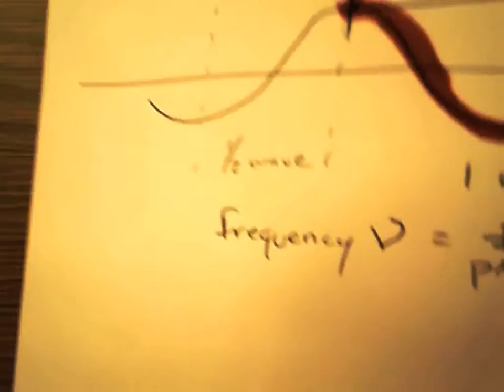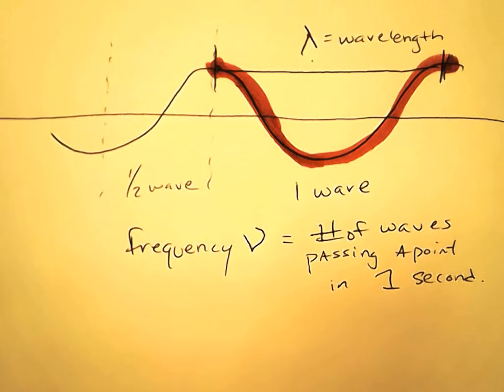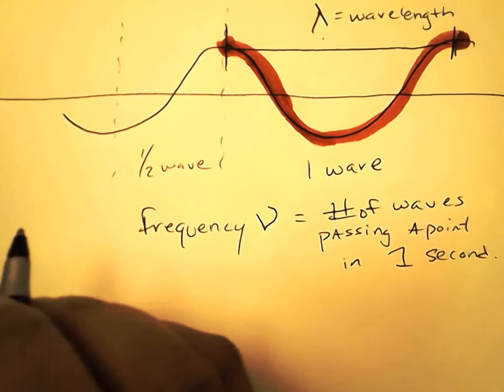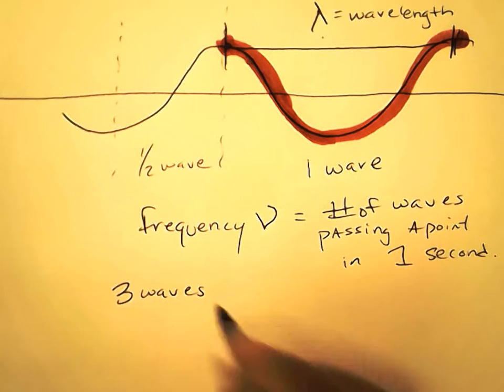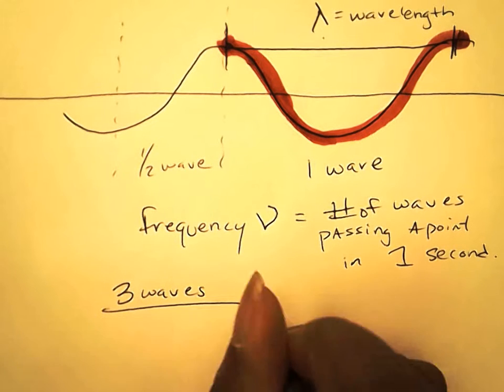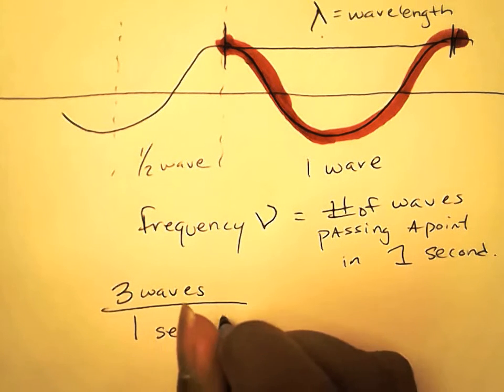So in physics, you guys will be using some type of electronic devices where you'll probably look at the end of it and then you'll just count how many of those little humps pass by in 1 second as best as you can. So I would see that I count, okay, 3 waves passed by within 1 second.